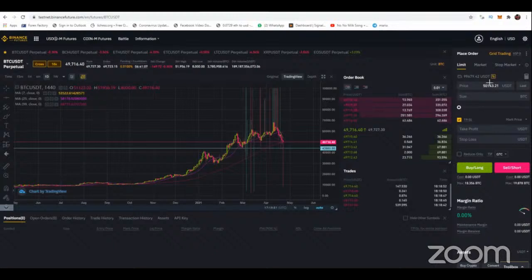So you can see what is asking us around here is at what price we want to place our limit order. And anytime you place your order, you can see that we have the order book right here. These are pending orders, and Binance is going to try to match your price, if you want to buy the BTC perpetual contract, with the best pending sell holders in the market.